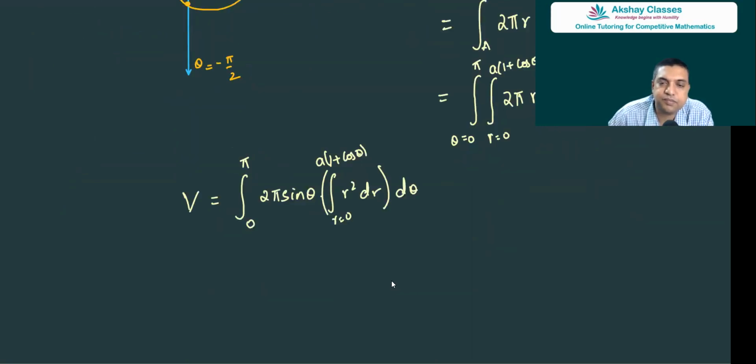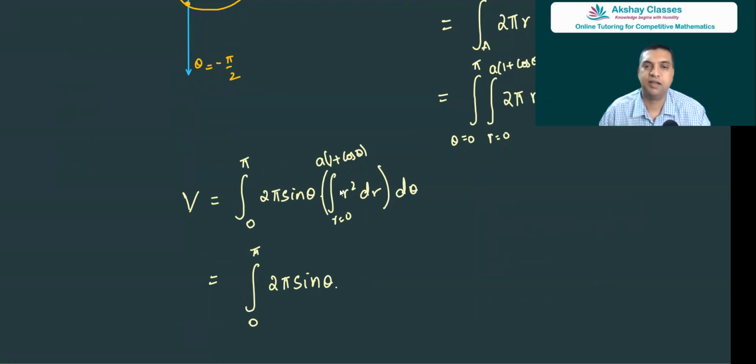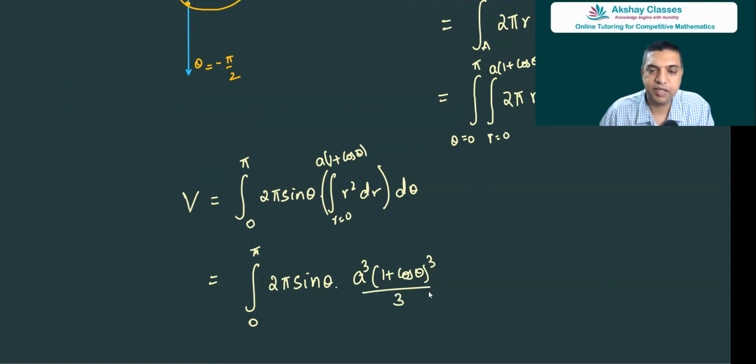Okay. Now this will be integral 0 to pi of 2 pi sine theta times r cubed by 3. Substituting the limit, we get a cubed into (1 plus cos theta) the whole cubed by 3 d theta.